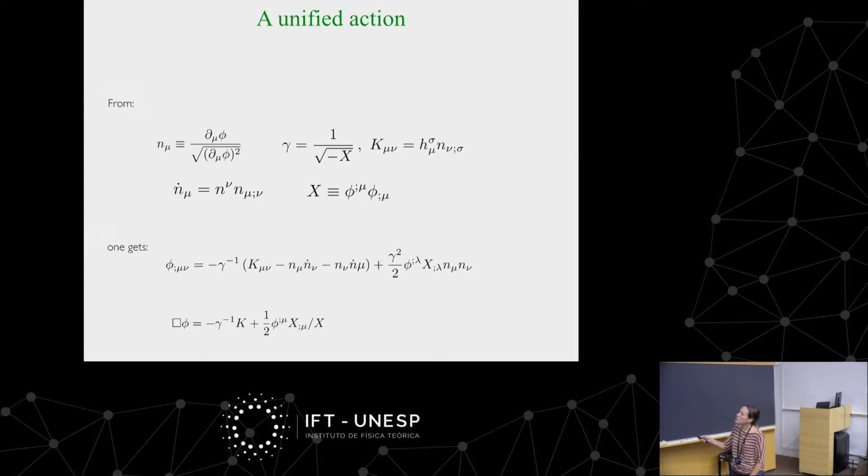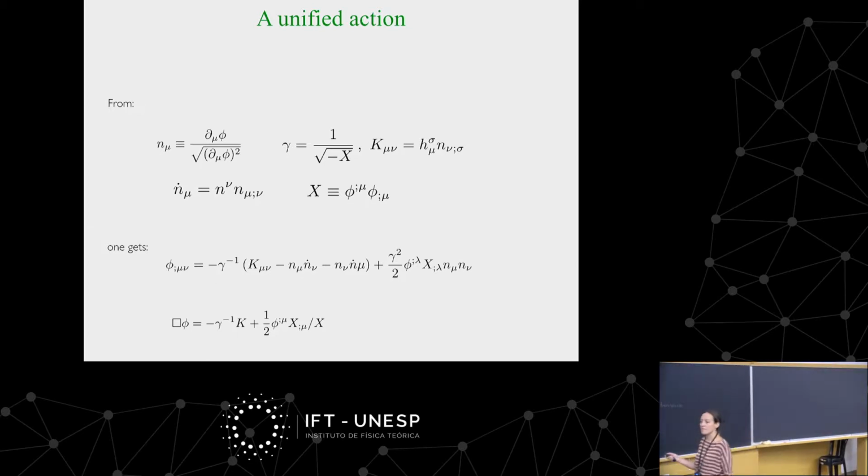But in general, you can keep it. And then you can do this exercise: given these definitions, you can try and convince yourself, or open this paper and look at the calculation, of how typical objects that you might encounter in your actions, such as, for instance, the D'Alembertian and the second derivatives, are expressed.